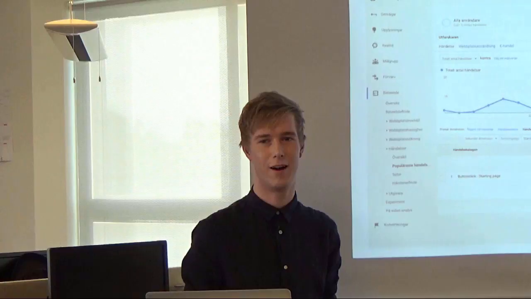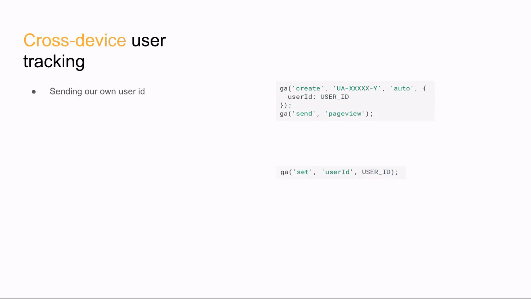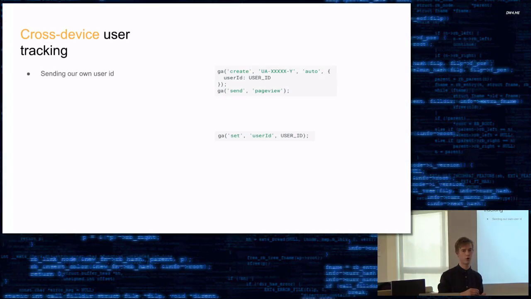First off, I'd like to bring up cross-device user tracking, because it's actually possible to determine who a user is based on their user ID. So we can track users and their behavior across devices. Because normally Google Analytics, as most of you know, uses cookies to identify the user.